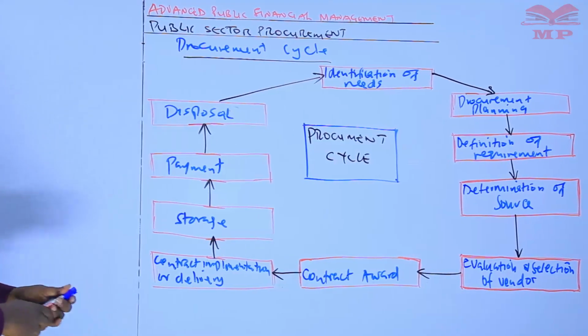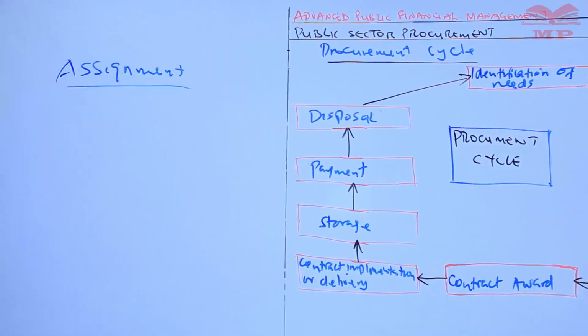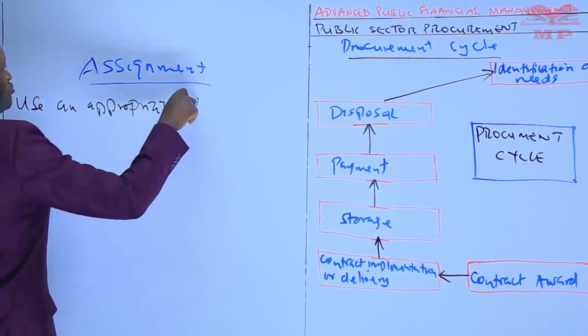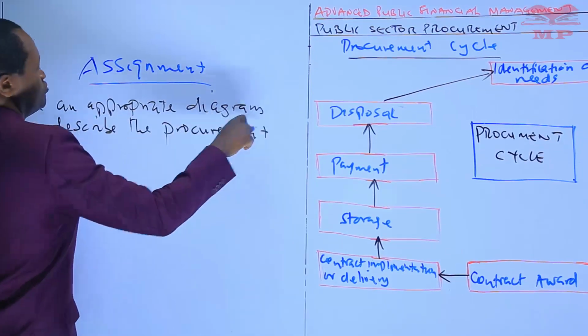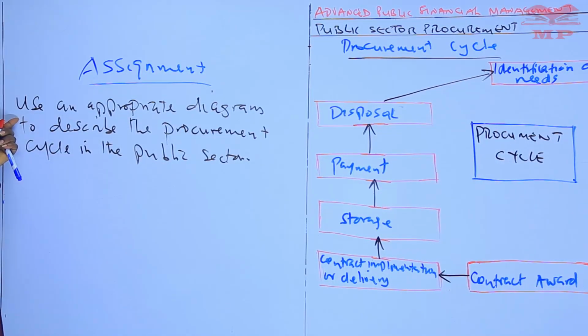I'll give you one question as we close the lesson. Assignment: use an appropriate diagram to describe the procurement cycle in the public sector.